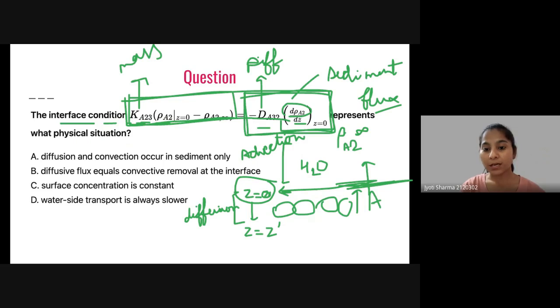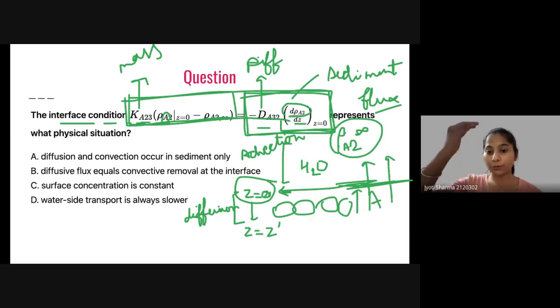This is the bulk water gradient being created. At the surface we will have more concentration of A, but because it is moving from bottom to up, we assume the concentration of A in the water, rho A2 infinity, is mostly 0. So we can also neglect this term. And this is your convective term.